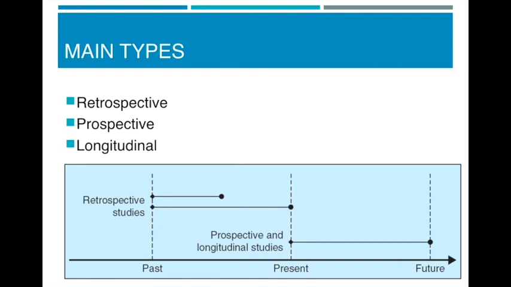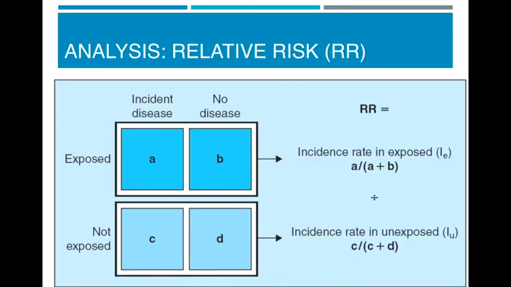The main calculation for analysis of cohort studies is the relative risk, also called the risk ratio, and it's abbreviated as RR. This image shows how to set up a 2x2 table for computing the RR. You can see that the disease status is still in the columns and the exposure status is still in the rows.